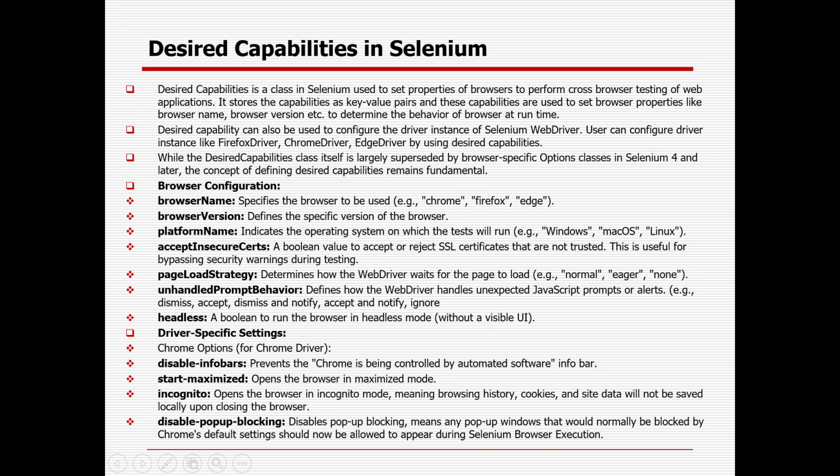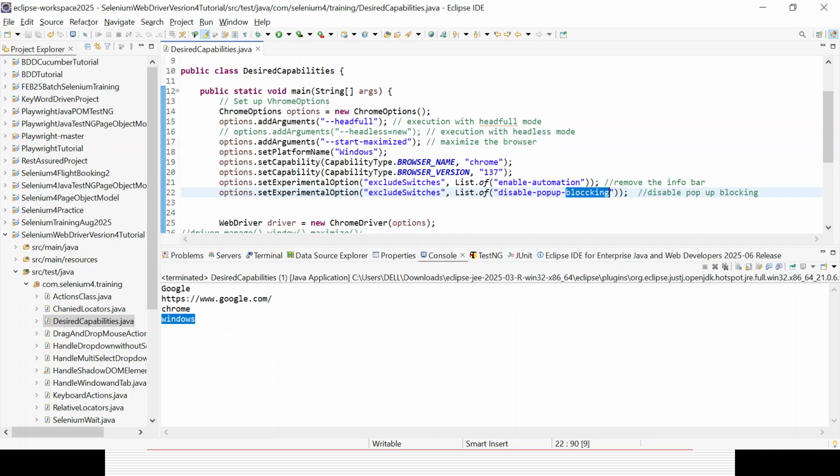So now we'll see about accept insecure certification. It is a boolean value to accept or reject SSL certificates that are not trusted. In case something is not trusted, we can accept or reject it. This is useful for bypassing security warnings during testing. What is the way we can do it? It is very easy to implement.